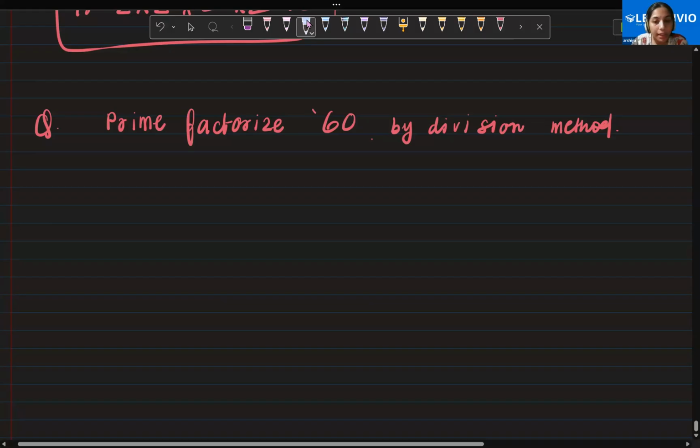So erase that 2 and erase that 7, write either 3 or 5 and then write the answer. Is that clear? So we will not choose the numbers randomly, we will only choose the numbers that we know will give us the remainder 0, the numbers that are perfectly divisible. Okay, ma'am.